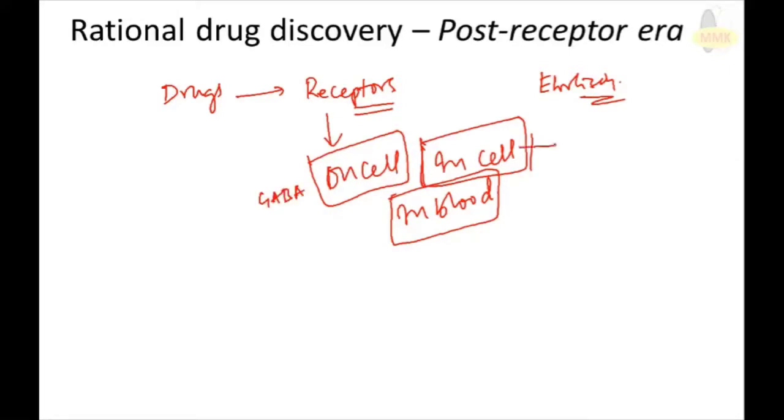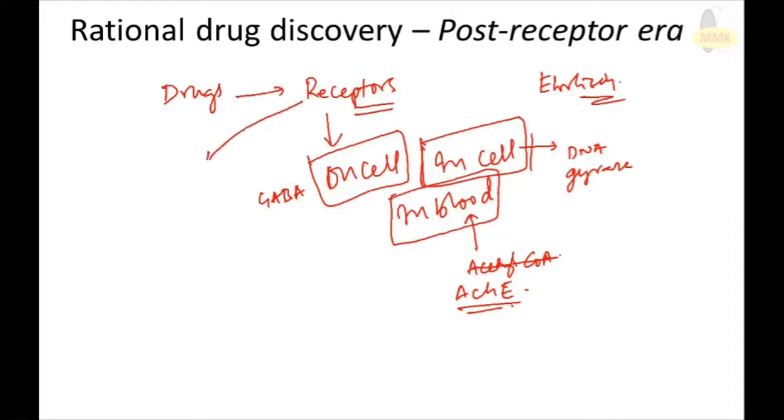In the cell means the enzymes we have, DNA gyrase, etc. In the blood means, for example, acetylcholine esterase enzyme, which is free flowing in blood. A receptor can be any one of them.